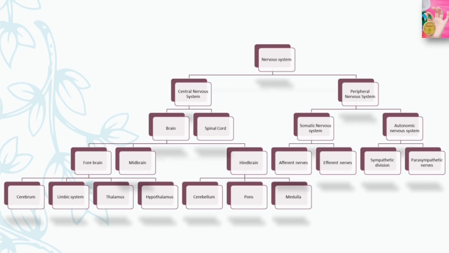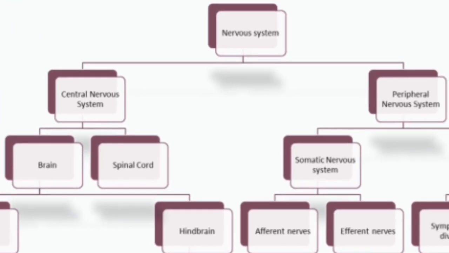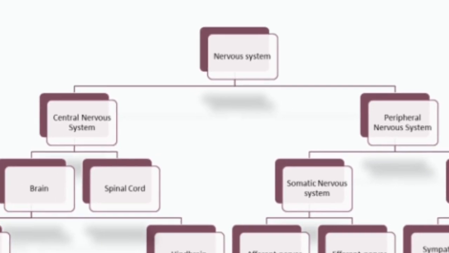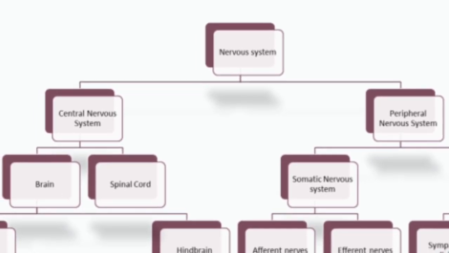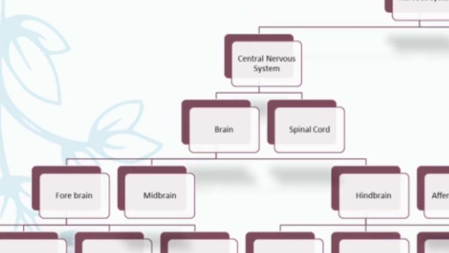So we have discussed in our videos about the nervous system, and if you haven't watched that video, I have given the link in the description. You can simply click on that link and you will watch that video. We have discussed what basically is the nervous system, and in the nervous system we have discussed what is the central nervous system.